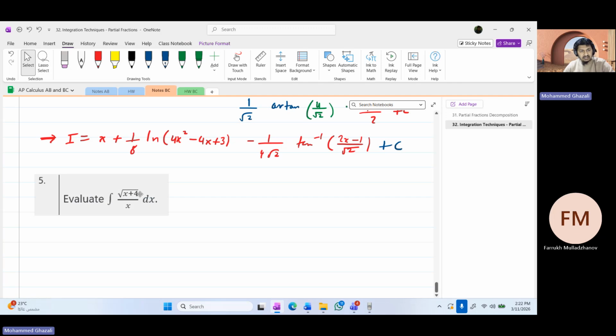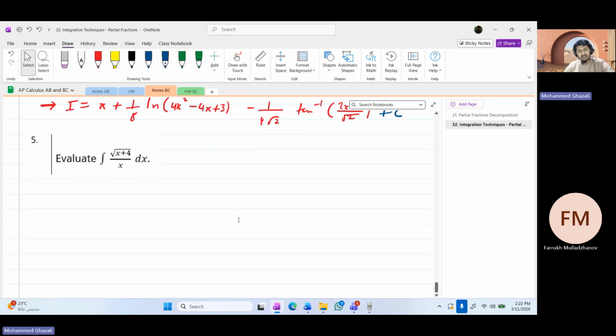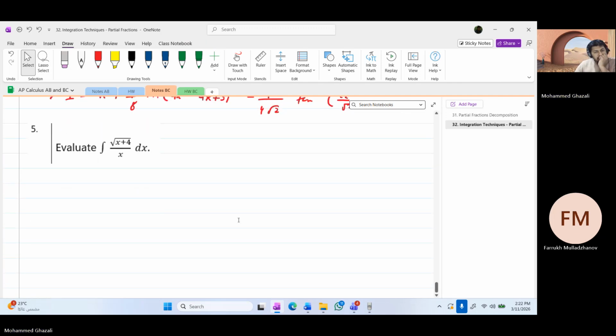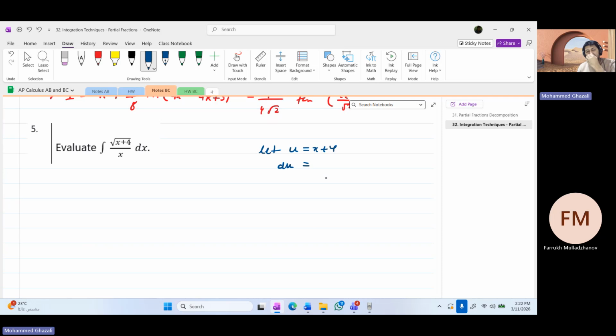All right, so I have something like this of this form, right? So first, what we're going to do is make the square root disappear. So we're going to say let u equal to x plus 4. So du is equal to dx.